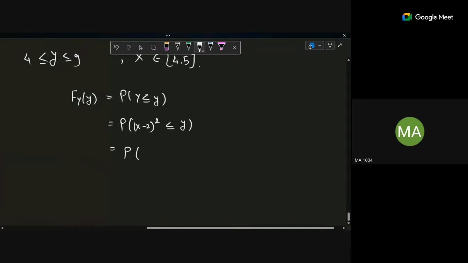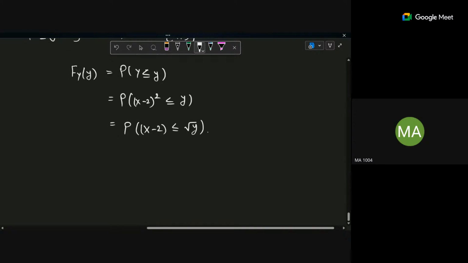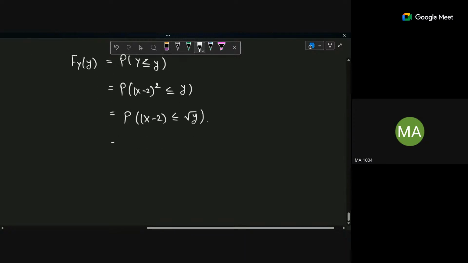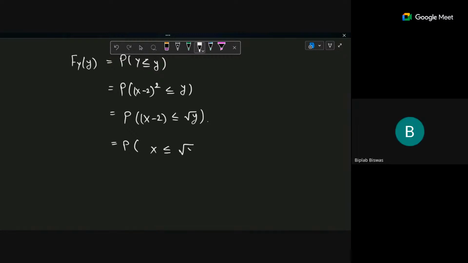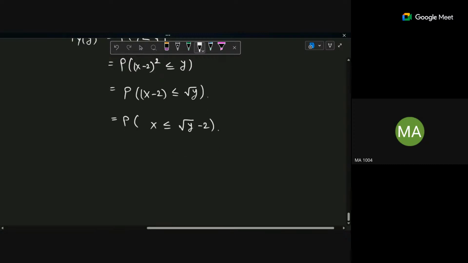So now my x values are 4 to 5 and I am calculating the CDF of the function. What will be the changes here? The function will remain the same, only the limits will change. The limit will not take that negative part, because symmetry is removed.